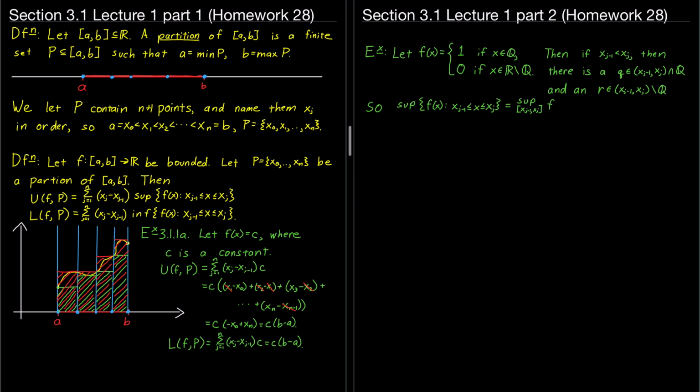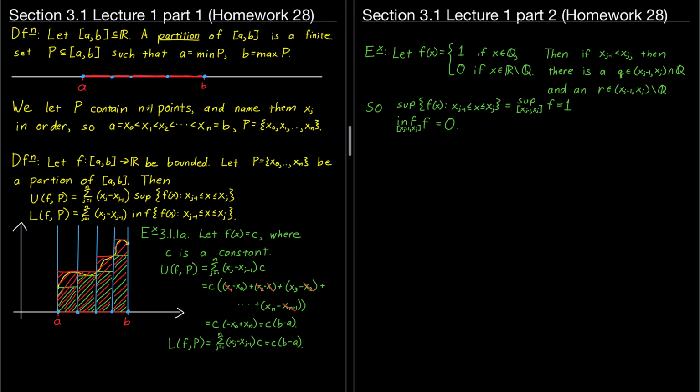That supremum, well, f is never bigger than 1, but it is equal to 1 at one point. And the infimum, on the contrary, f is never less than 0, and it's 0 at least one point.